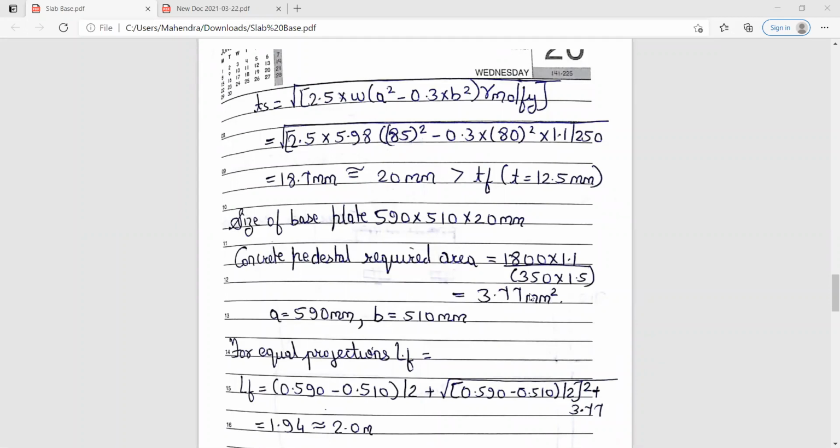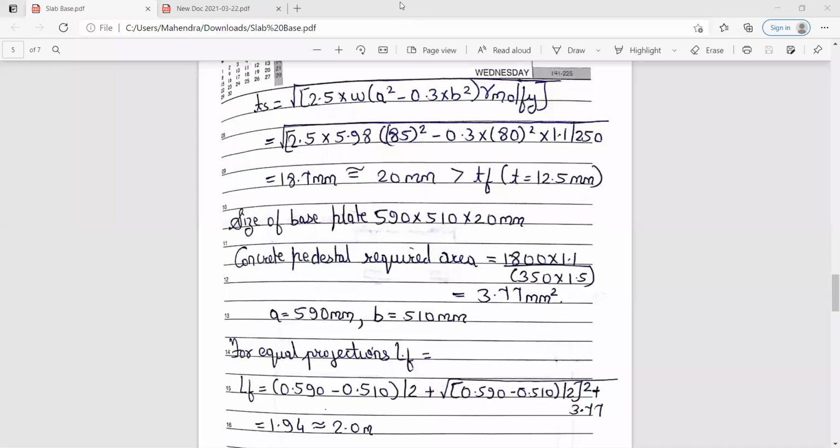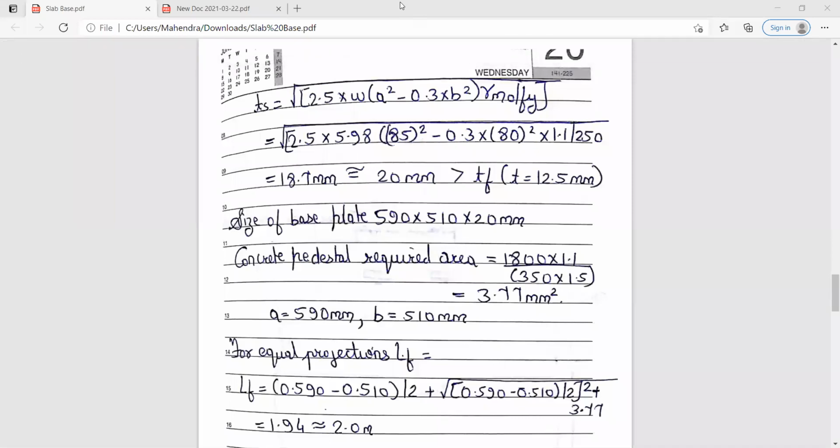Everyone got the value of the thickness? Everyone had got the answer up till here? Yes, Imran, had you got the answer for the thickness, that is 18.7?